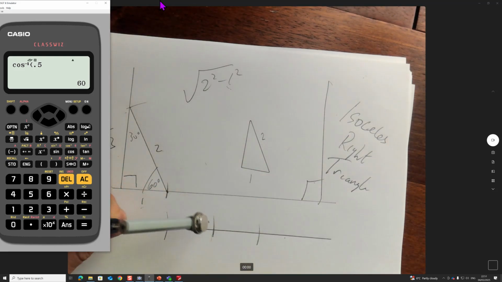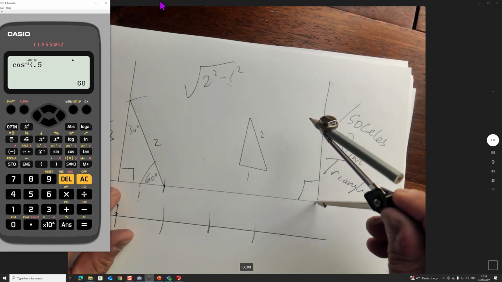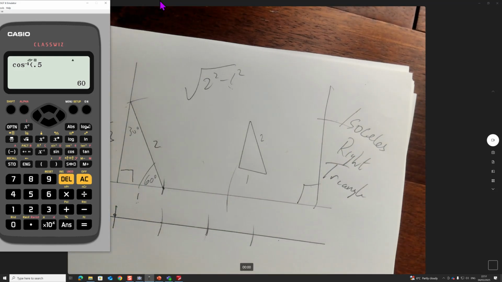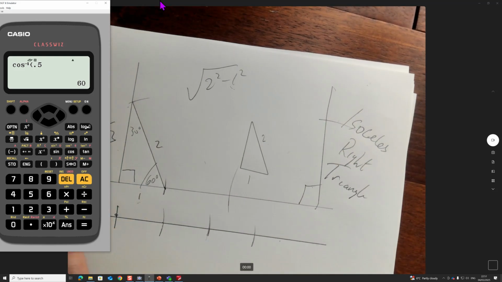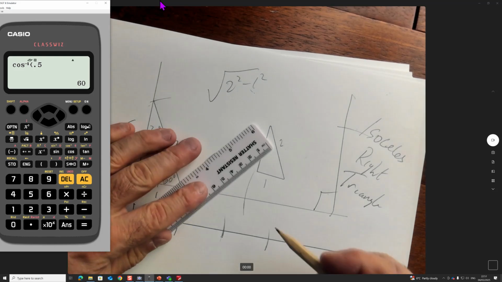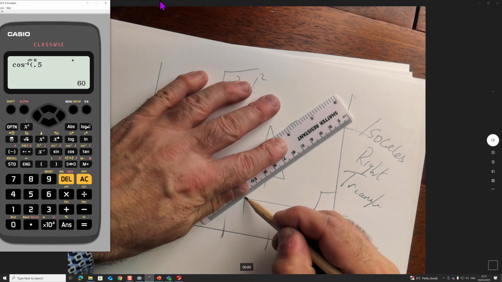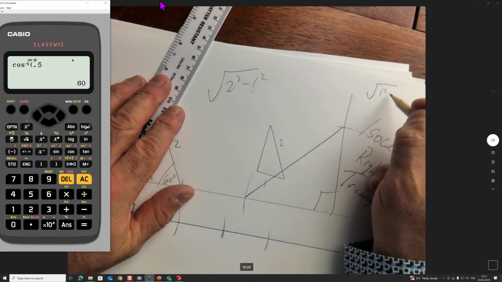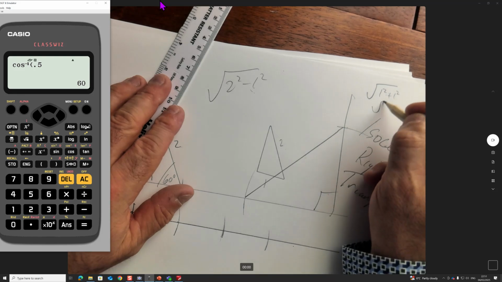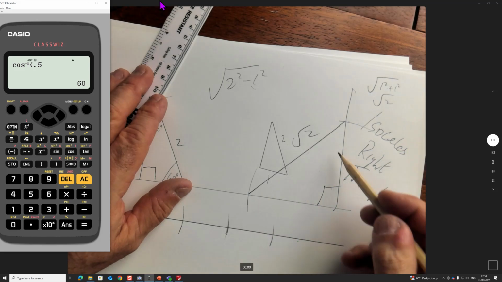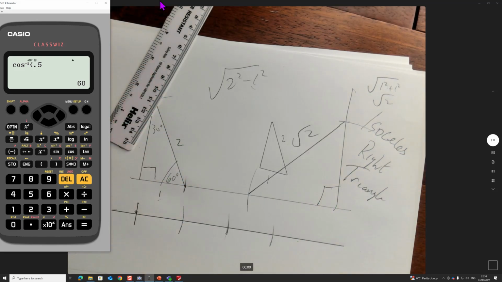Just for accuracy purposes, I'll use a longer one. I'll call that my 1, or my side and my side. So they're the 2 legs of a right triangle. So you can join this to this. We can use Pythagoras to show that 1 squared plus 1 squared equals root 2. So now I have root 2, 1 and 1.